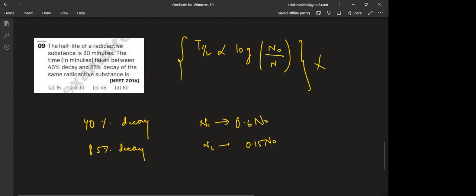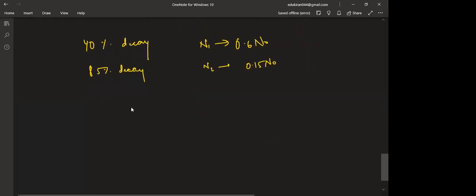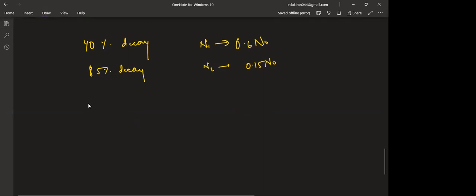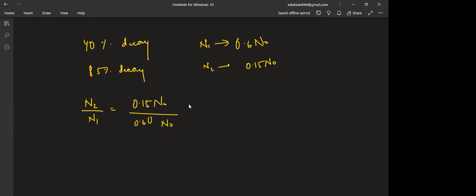Now take their ratio, N2 by N1, this is 0.15 N₀ by 0.60 N₀. So 1 by 4 is left, that is (1/2)². Small n we have as 2.